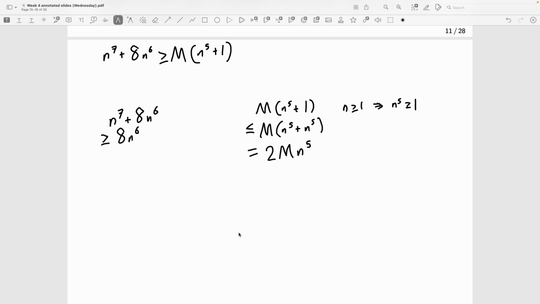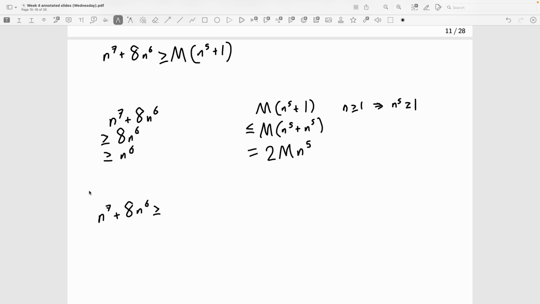So now we have that chain of inequalities that I mentioned earlier. The original big side is greater than our simplified big side, which I'm actually going to simplify a bit further. I know I'm going to eventually be comparing 8n to the 6 to 2m n to the 5. To make my algebra even easier, I'm just going to remove the 8.